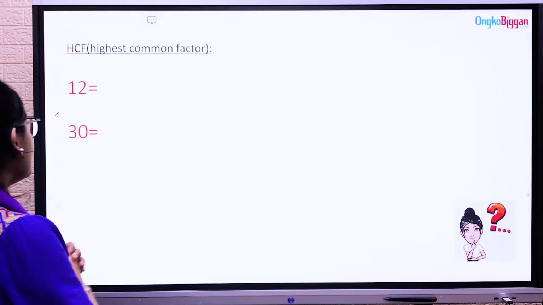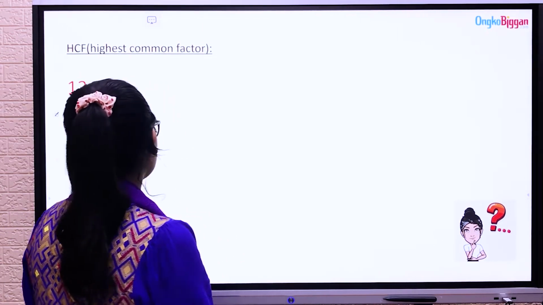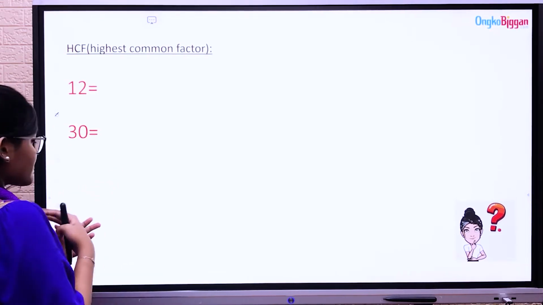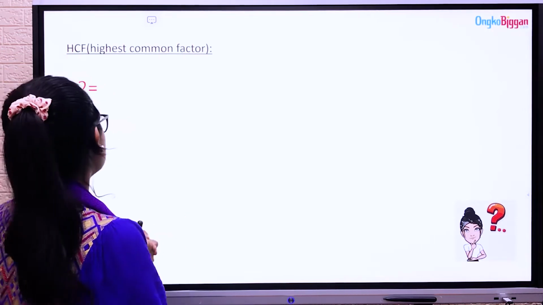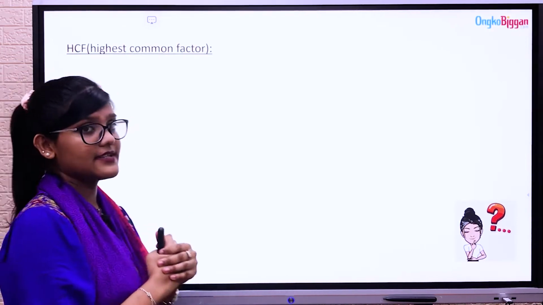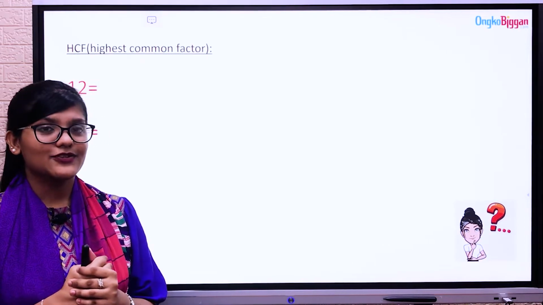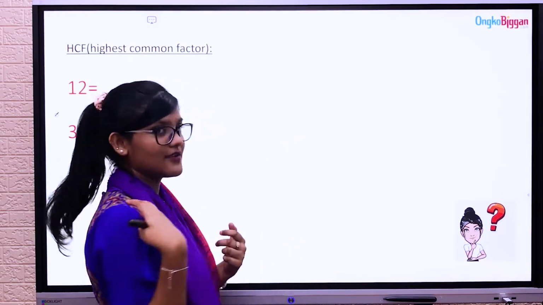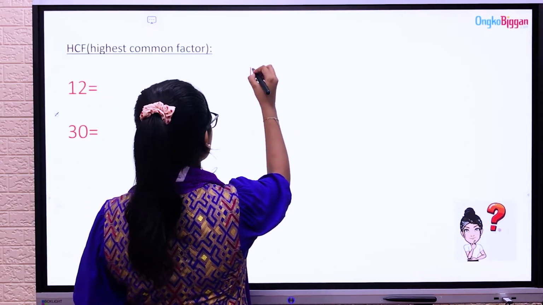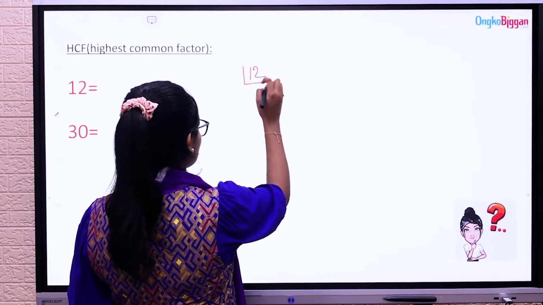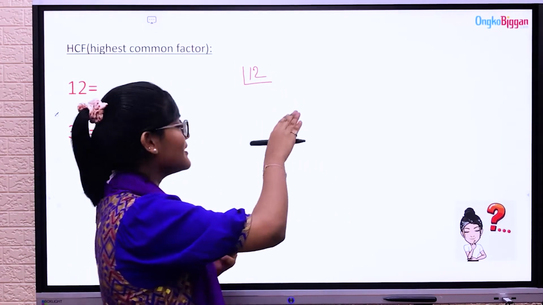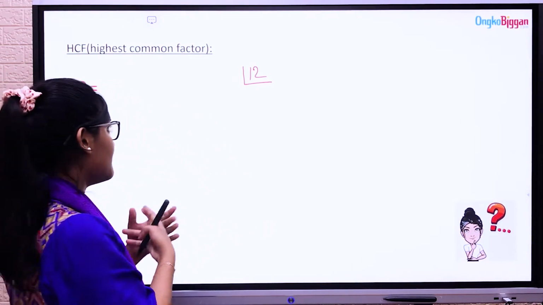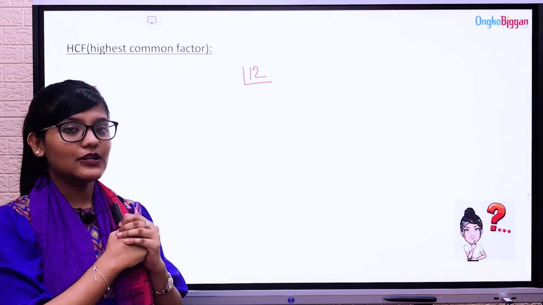Firstly we are given two numbers, one is 12, another one is 30. Now we will write the factors of 12 and 30. The easiest way to find the factors of a number is like this. For 12, we give an L-shaped bracket symbol, and then we start dividing the number, starting from the lowest prime number.